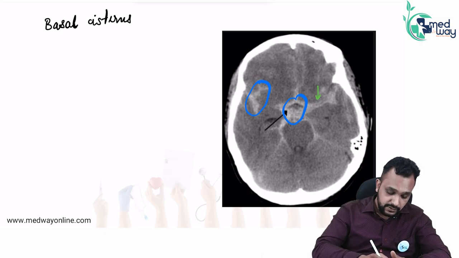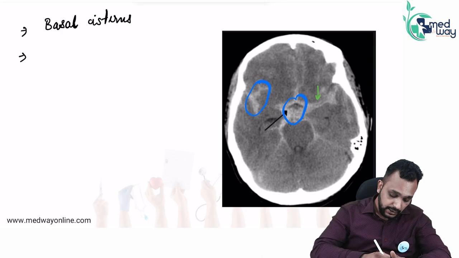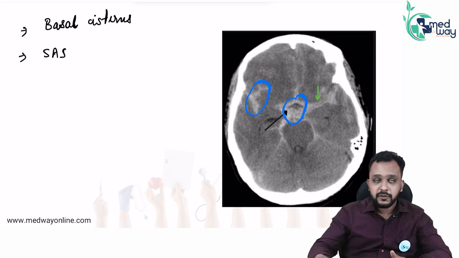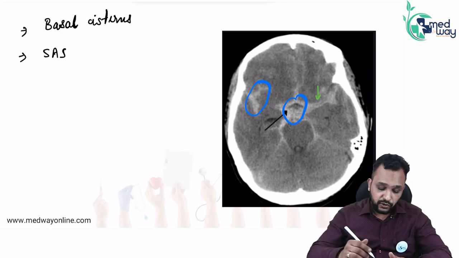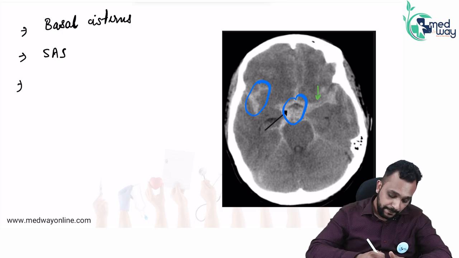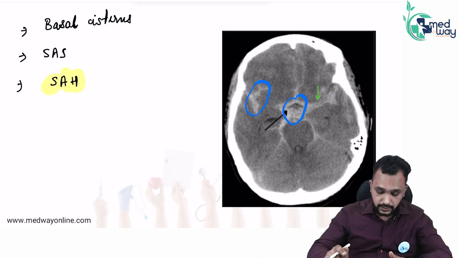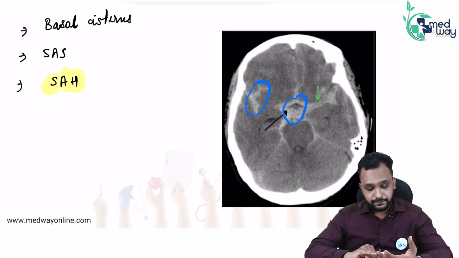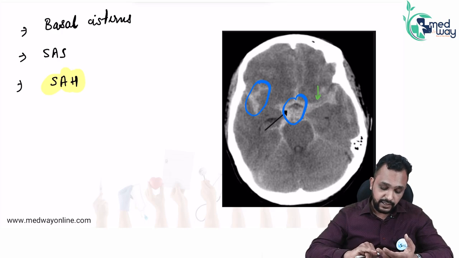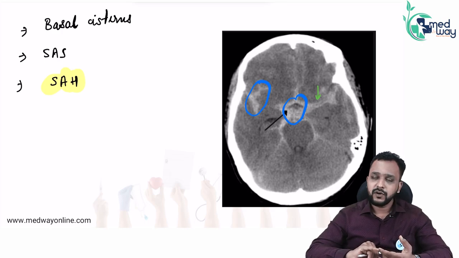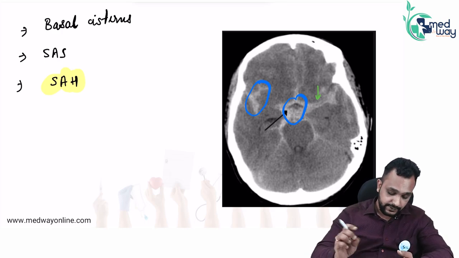These basal cisterns are formed of subarachnoid spaces. So when there is a hyperdensity in the subarachnoid space, it means that it is a bleed in the subarachnoid space, which is known as subarachnoid hemorrhage. Right. Now there is a bleed in the subarachnoid space, which we call subarachnoid hemorrhage.